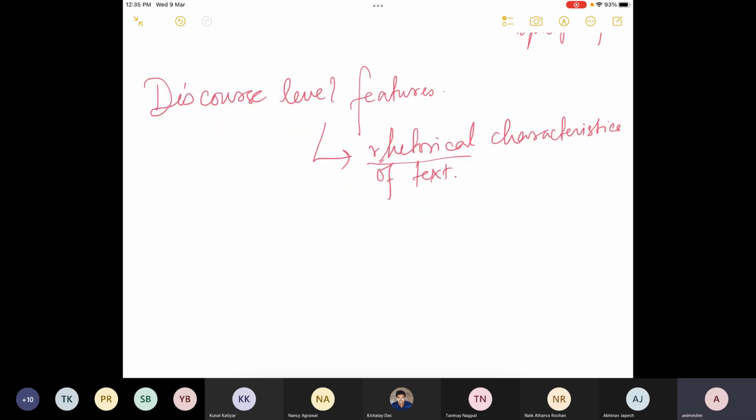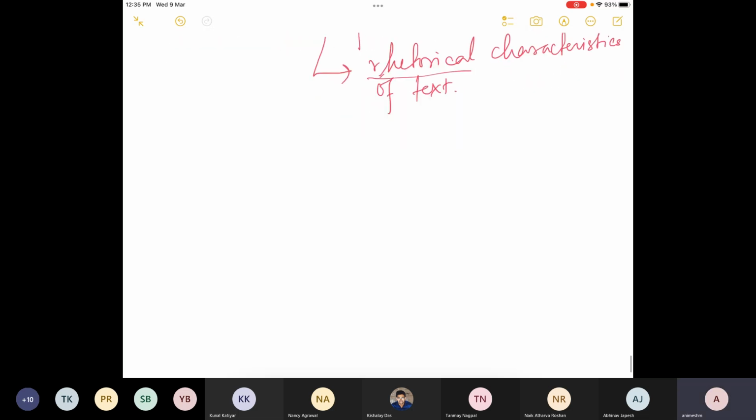What is rhetoric in the English language? Rhetorics are clausal structures.